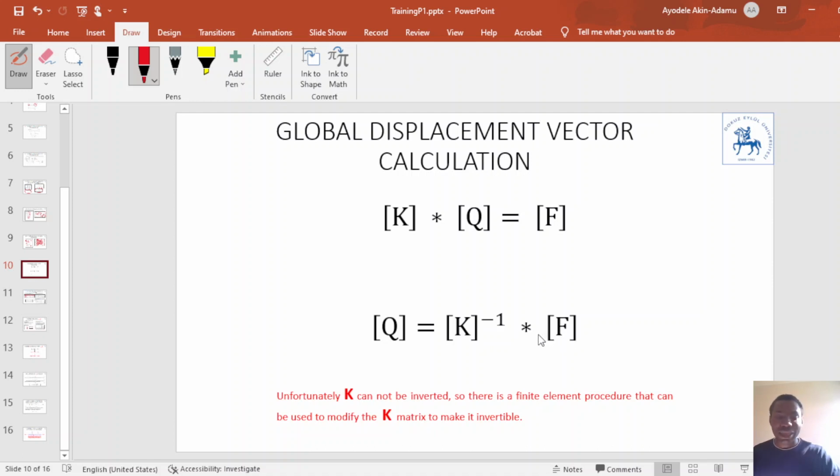However, unfortunately, K cannot be inverted. There is, however, a finite element procedure that can be used to modify the K matrix to make it invertible. We're going to look at this in the next slide.